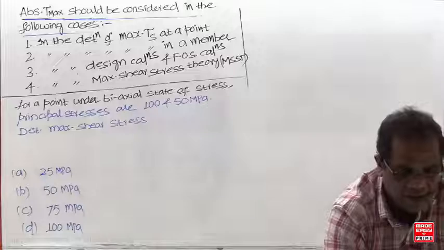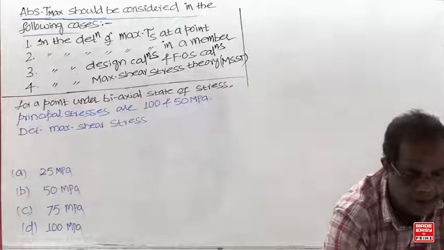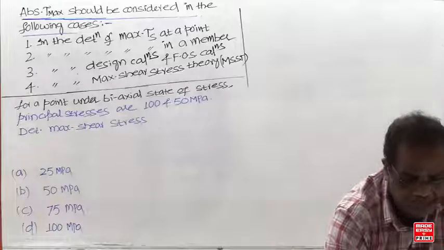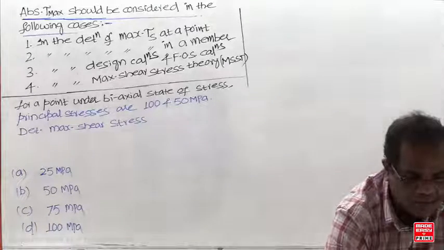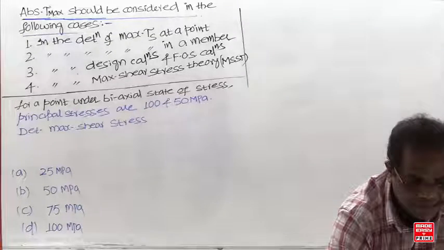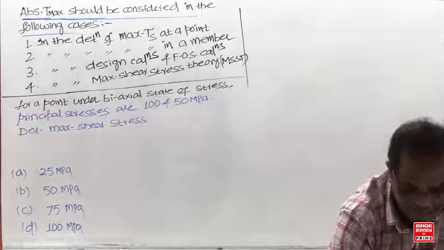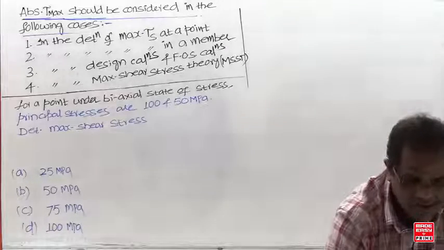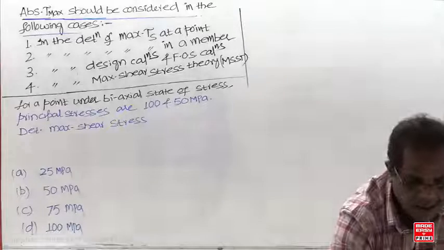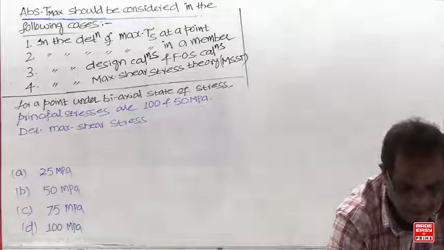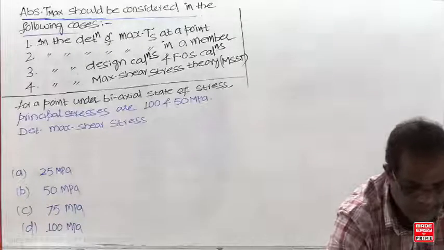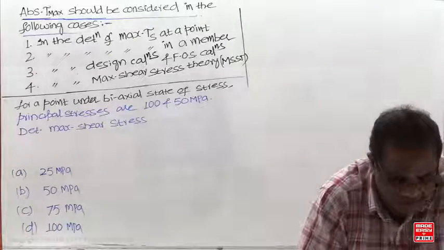Majority is what now? Bipan Kumar, 25. Somnath Mandal, Bipan Kumar, Abhyuday Sharma, 25 is given. Remaining all have given 50. Satya 50.